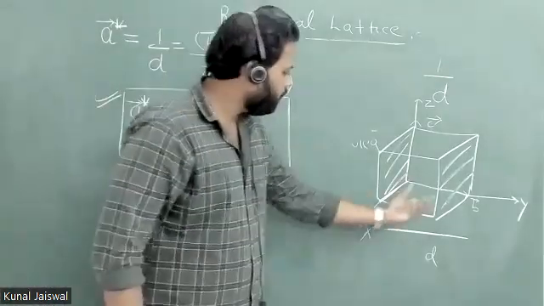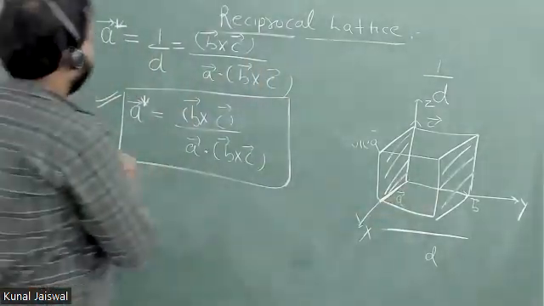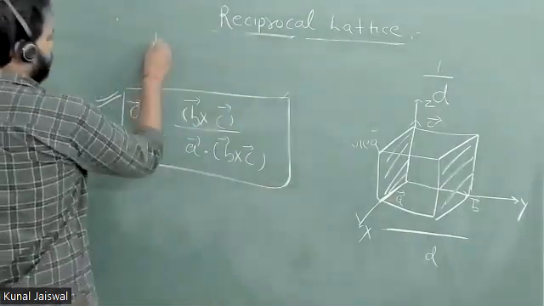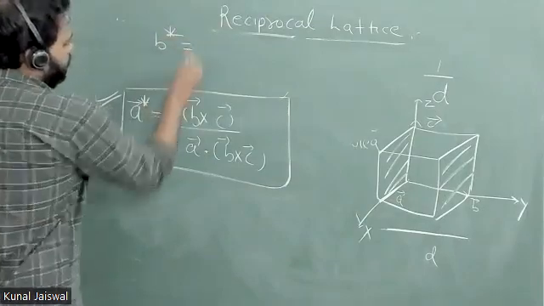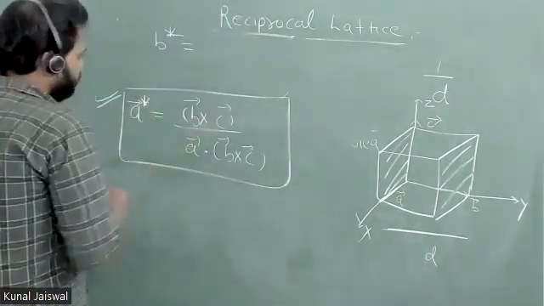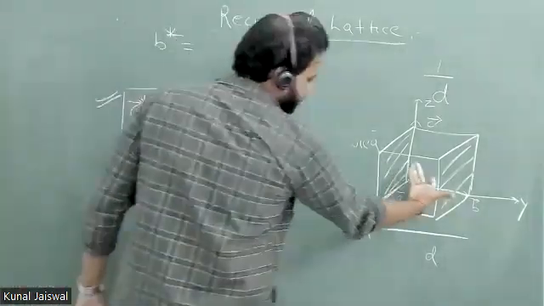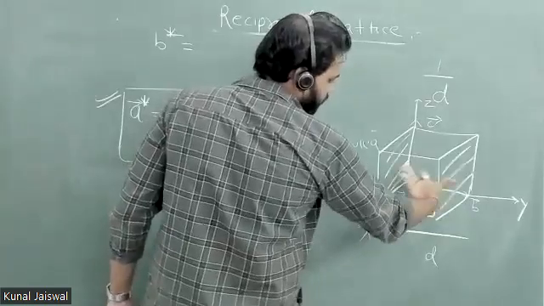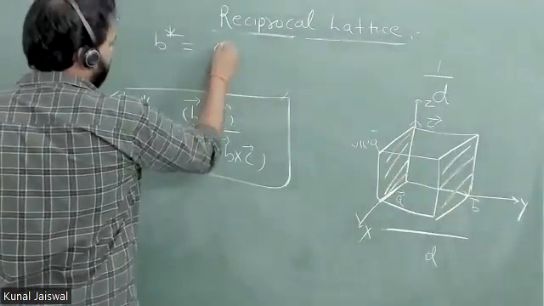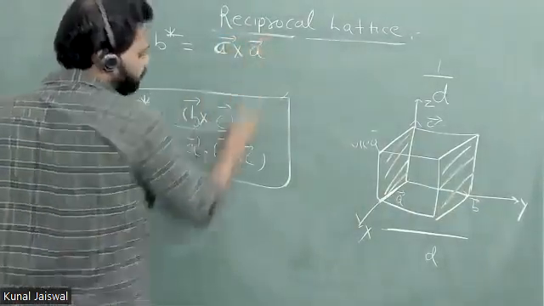Similarly, can you tell me what will the value of B star vector? So that will be A cross C. C vector cross A vector और डिनोमिनेटर सेम हो जाएगा. Yes, exactly. अब क्या करना है भाई? आप सिमेट्री से देख लो ना. Put the finger, put the thumb on the y-axis, and when you will curl it down, you will get C vector cross A vector, right? ऐसा ही होगा ना?